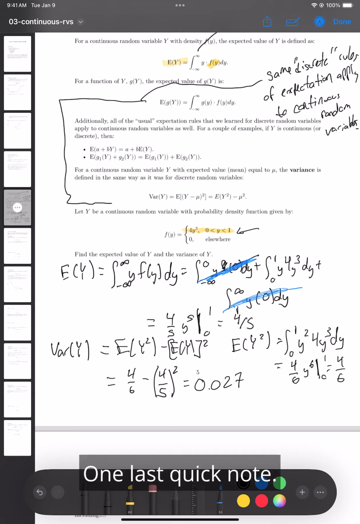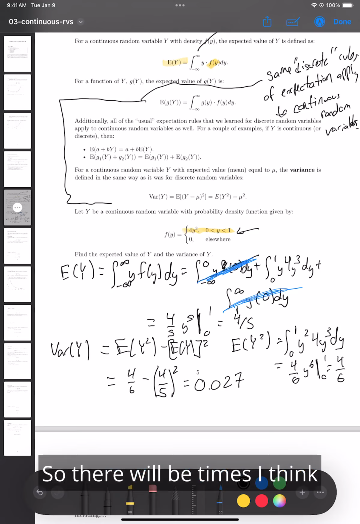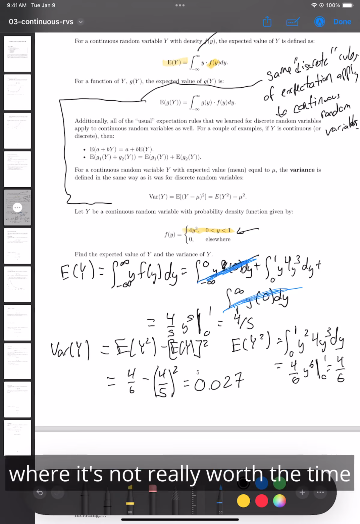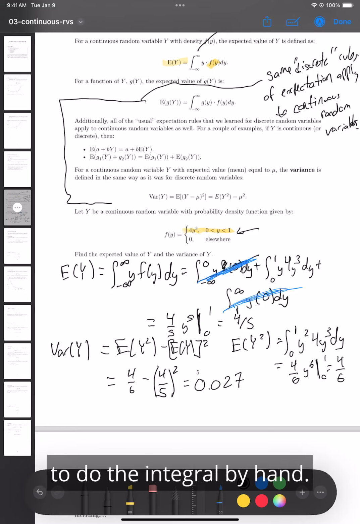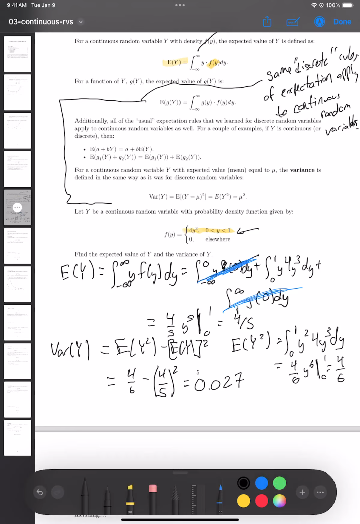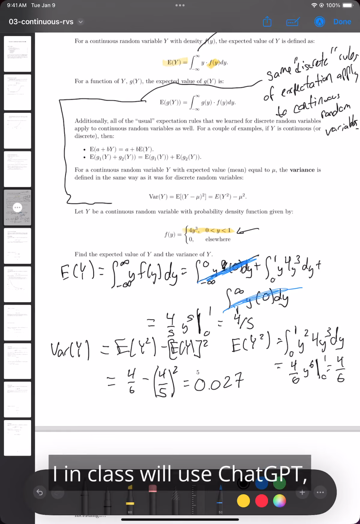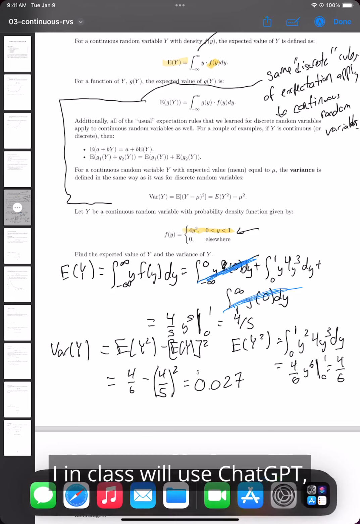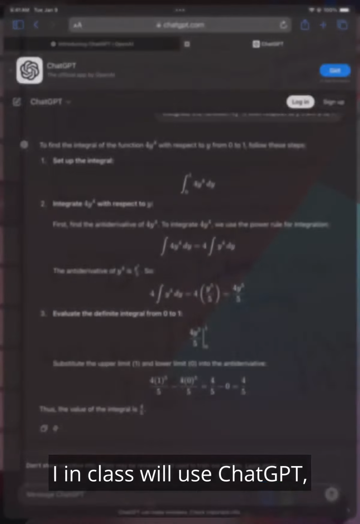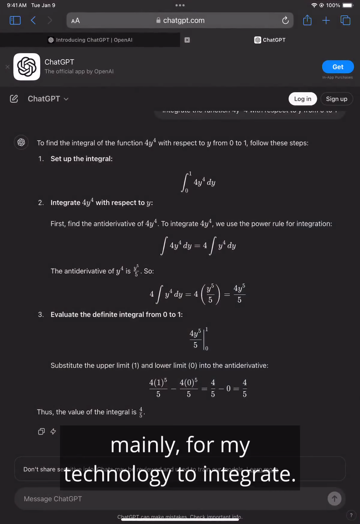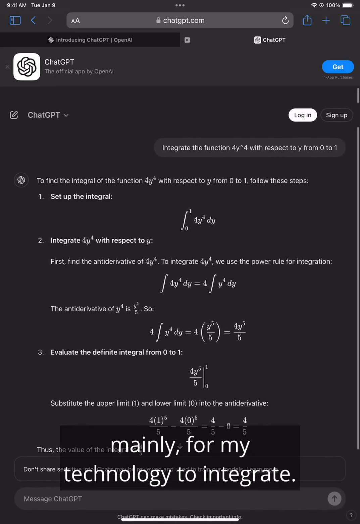One last quick note. There will be times where it's not really worth the time to do the integral by hand. In those cases, in class, I will use ChatGPT as my technology to integrate.